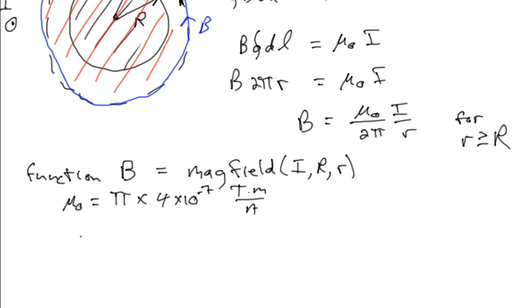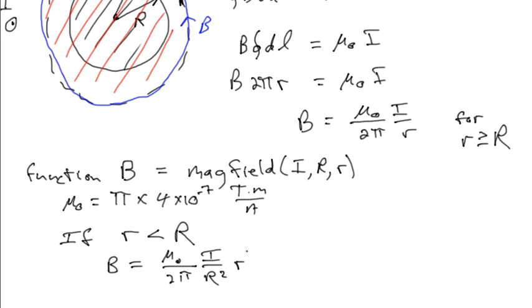I think I got everything, so I'll just say if r is less than big R, B, my return variable, equals the first formula, which I think was mu 0 over 2 pi, I over capital R squared times little r.